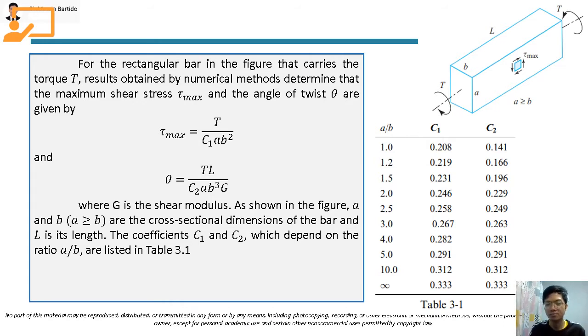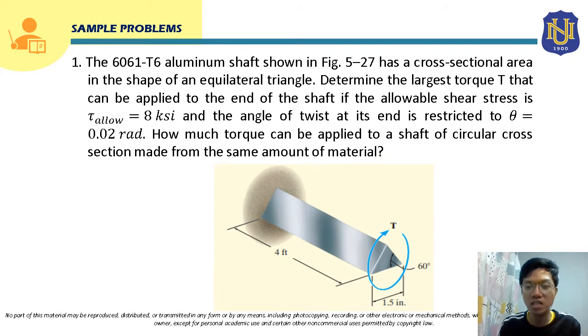Okay, so let's start solving sample problem number 1. The 6061-T6 aluminum shaft shown in the figure has a cross-sectional area in the shape of an equilateral triangle. So this shaft, class, has an equilateral triangle cross-section.